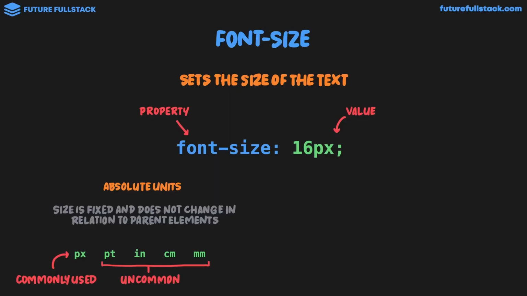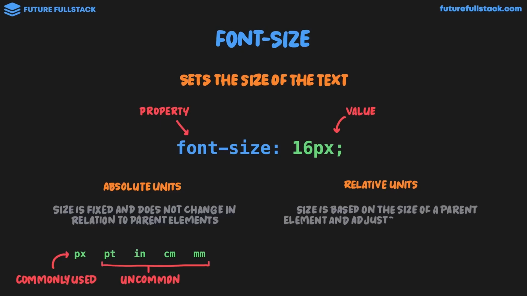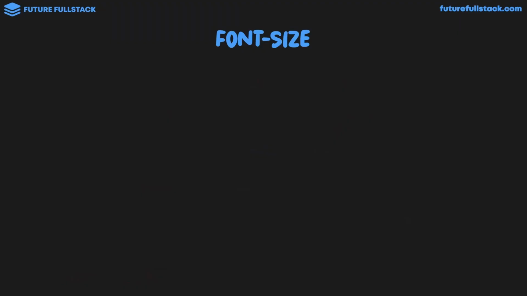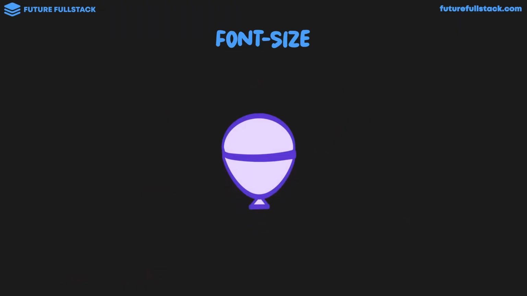So on the flip side, we have relative units. Relative units are where sizes are based on the size of a parent element and adjust proportionally to changes in the parent element. Now, that sentence can seem pretty confusing. The best way I can explain what this means is with this balloon. This balloon has an elastic band wrapped around it. I'm going to call the balloon the parent. It's the thing we're going to inflate. And the elastic band is the child.